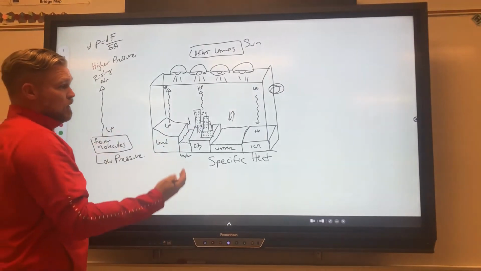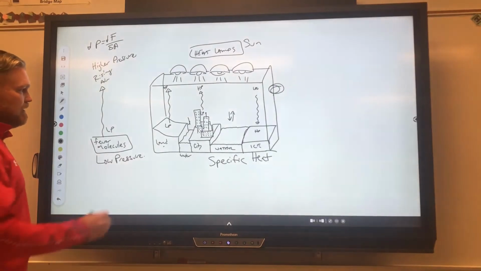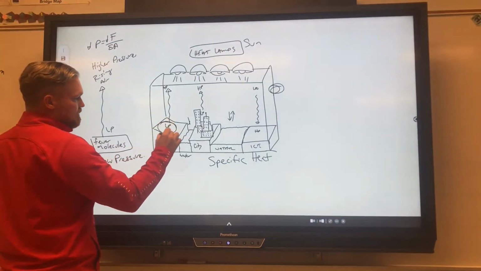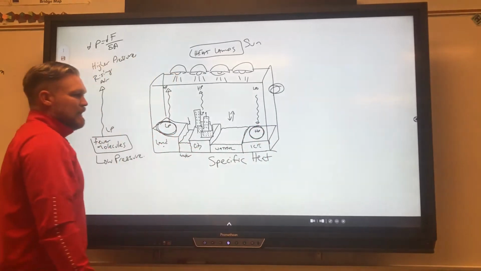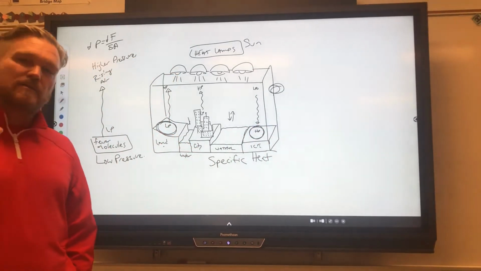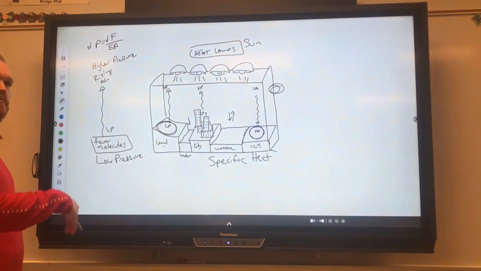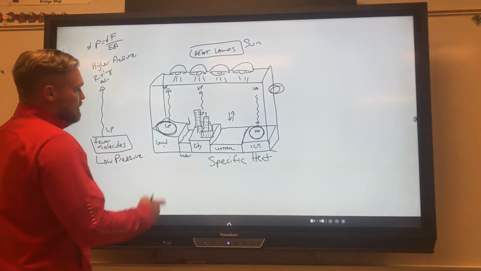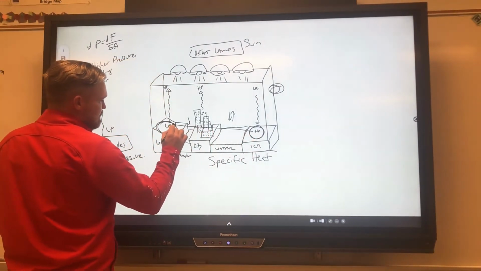But basically what we're looking at, we have high pressure here, we have low pressure there, right? So if we look at this low pressure right here, and we look at this high pressure right here, we can now look at air trying to move across the surface in terms of high pressure moving toward low pressure. So in this case, high pressure is here, low pressure is right there.